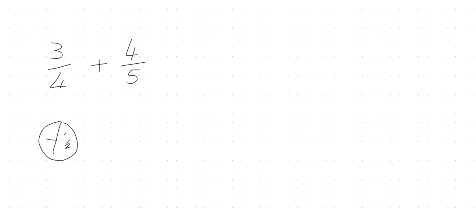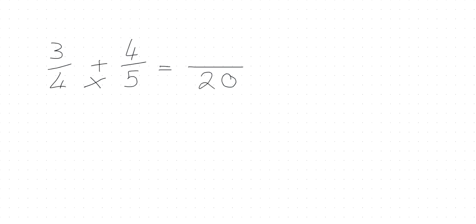So the first thing we want to do is have common denominators, which means the same number at the bottom. I do that by multiplying those bottom numbers together. So 4 multiplied by 5 is 20. There's my common denominator. Then I want to multiply both the numerators by the same amount that the denominator's been multiplied by.